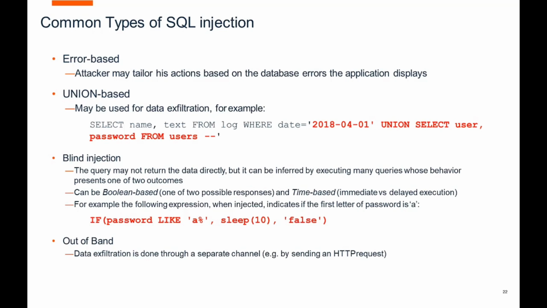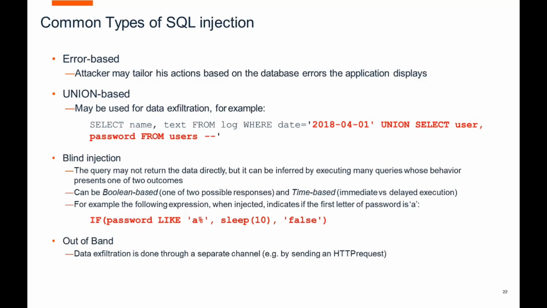They could add a union clause to that query, select, let's say, usernames and passwords from a completely different table, from a users table, and that would be added to the output. So this way, when they abuse the functionality that loads data from the log, this functionality will return names and text from the log for a particular date, and appended to that will return usernames and passwords, which is something you don't want to happen.